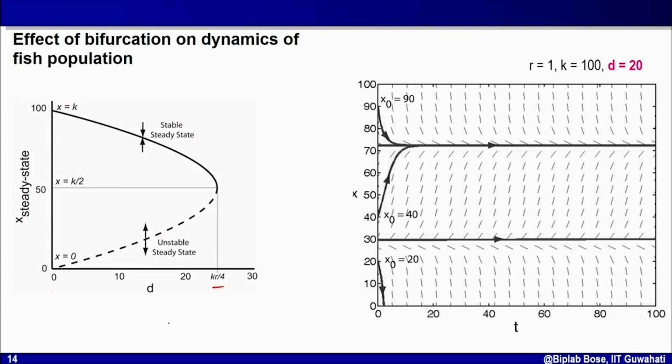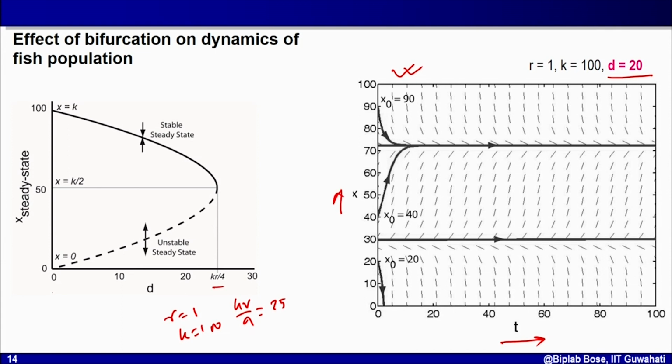If I take r equal to 1, k equal to 100, then kr by 4 is 25. So let us first take a value of d when d is less than kr by 4 or greater than 0. I have taken d equal to 20 and I have drawn a direction field plot here with t on the horizontal axis, x on the vertical axis.